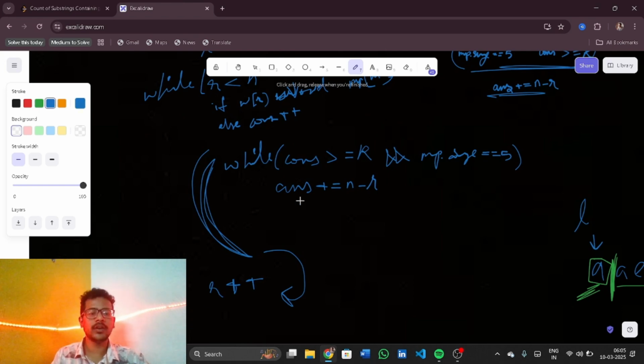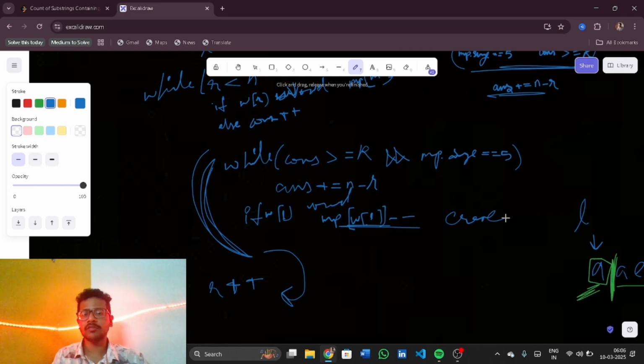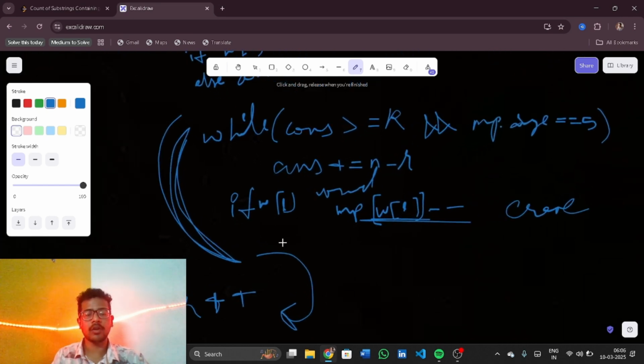I need to decrement MP of word of L. If word of L is a vowel, then I need to decrement MP of word of L, and I also need to erase it if the count of word of L becomes 0. Else I need to decrement my consonant count, and after that I will increment my left pointer.